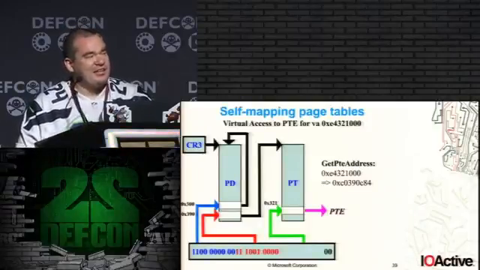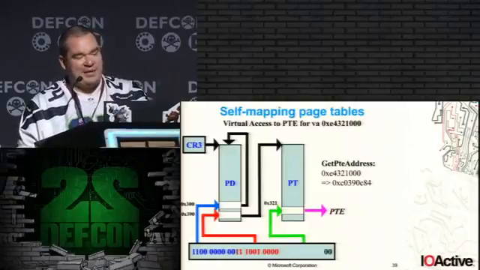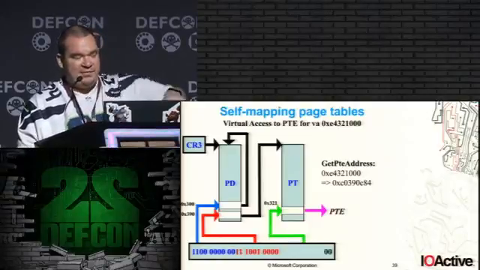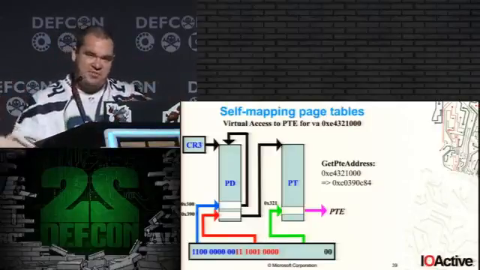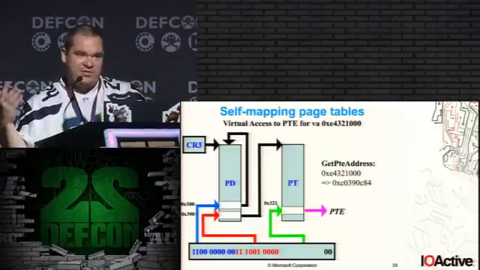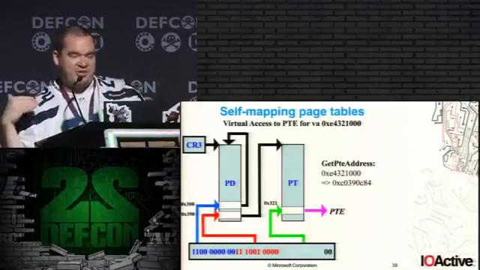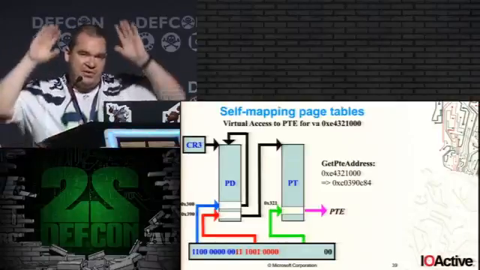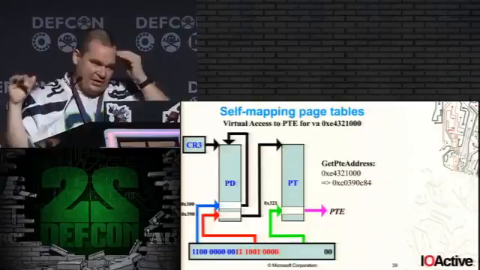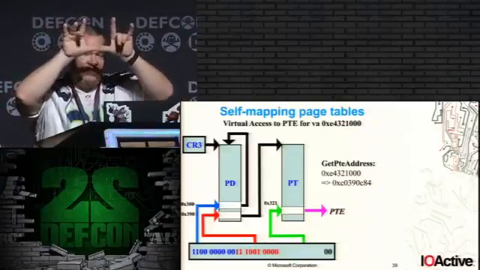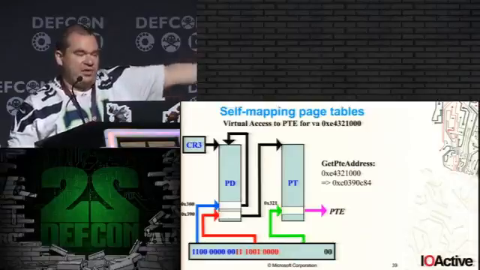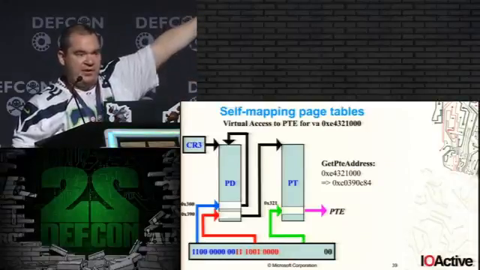Essentially, the detection technique I have is based on self-mapping page tables. This CR3 register is the register in your computer that, when you switch processes, changes and gives you a new address space. And this is what actually gives you the process isolation. Okay? So at the root level, the CR3 pointer.